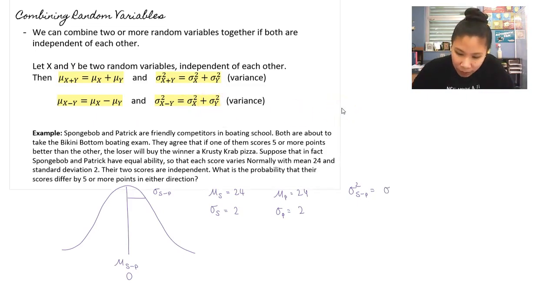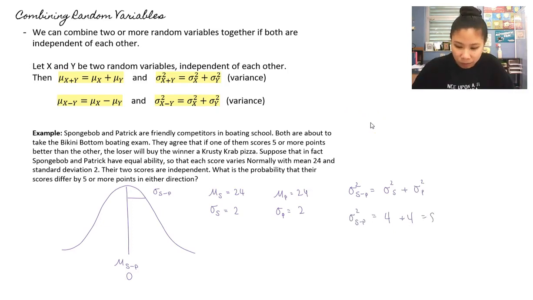The variance of SpongeBob is 4. The variance of Patrick is also 4. So the overall variance is 8. But we want the standard deviation, so I'm going to square root 8, which is 2 point something. We'll round it to 2.828.